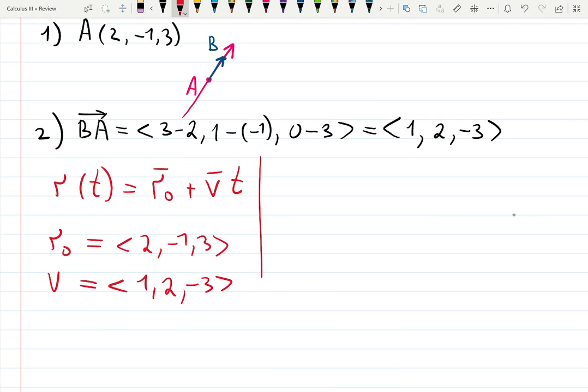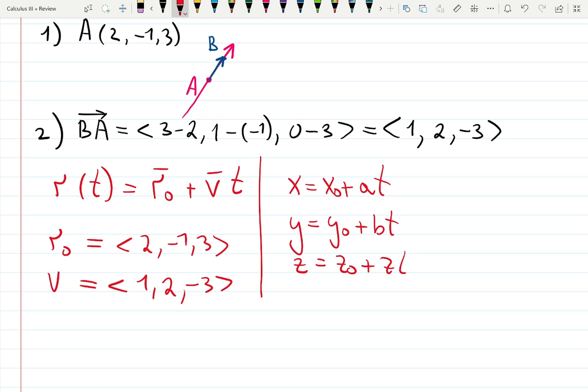One of the notations we also saw before was writing it down carefully with x and y's. So you can also write down that x is x_0 plus at, y is y_0 plus bt, z is z_0 plus ct.